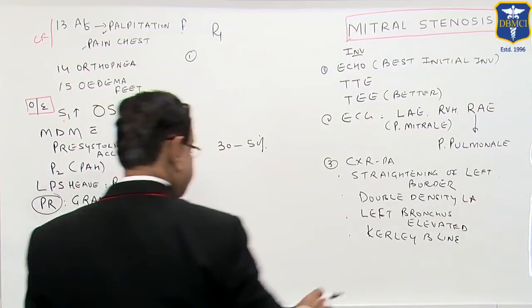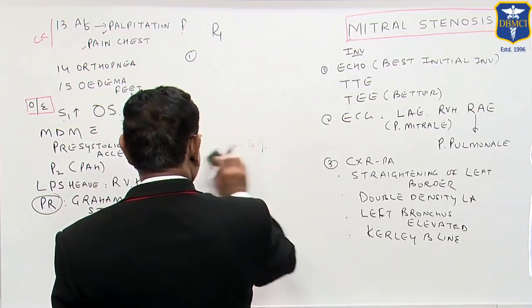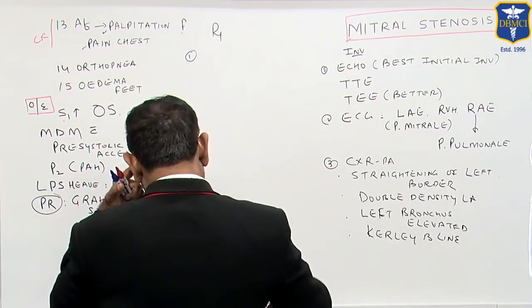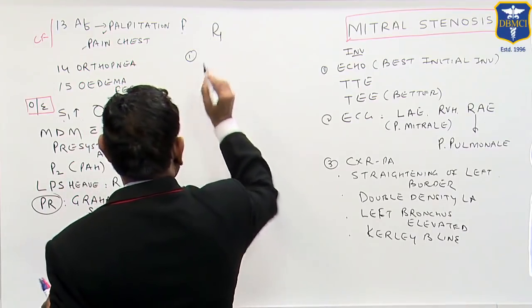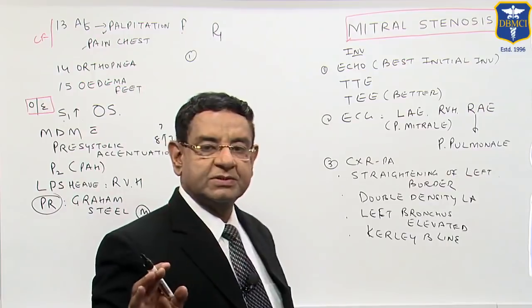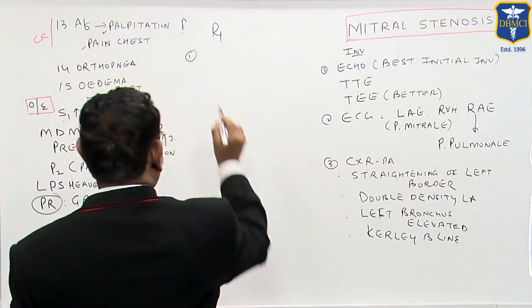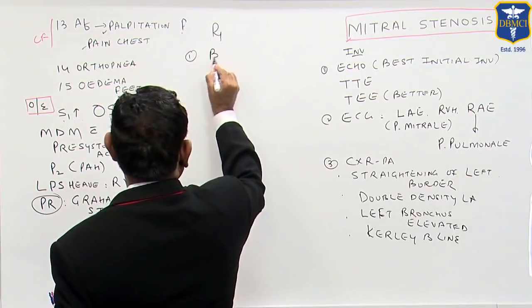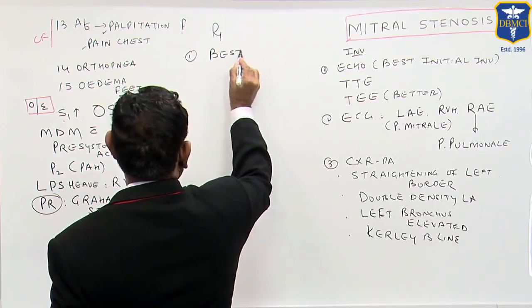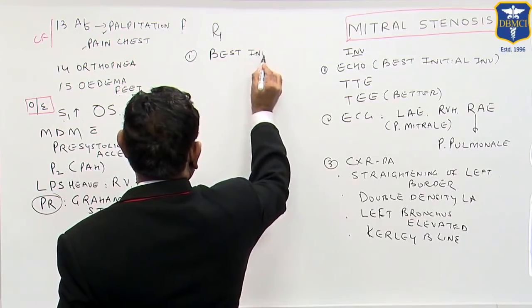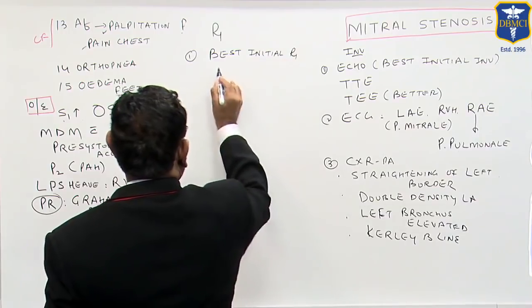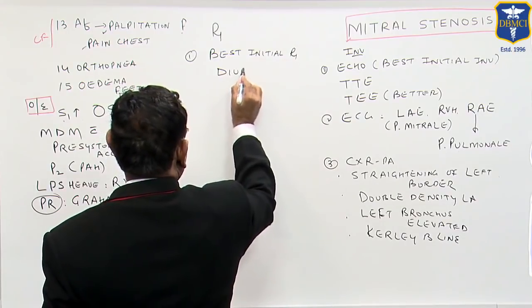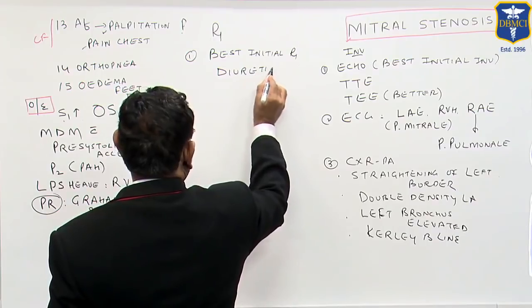So now when the patient comes to us, we have confirmed that the patient has mitral stenosis. The best initial treatment is always a diuretic.